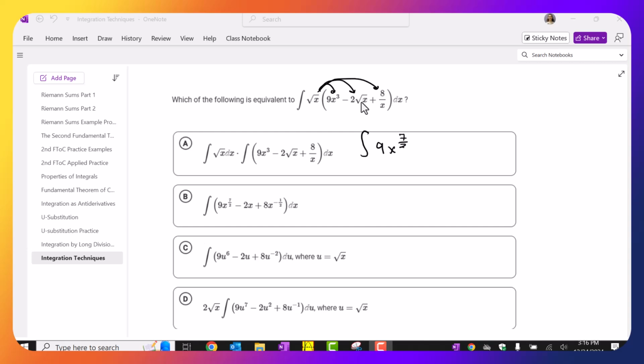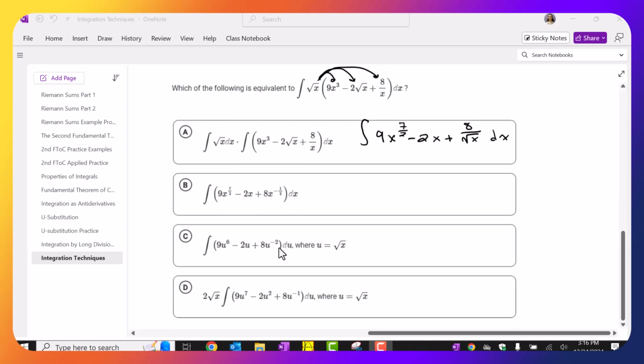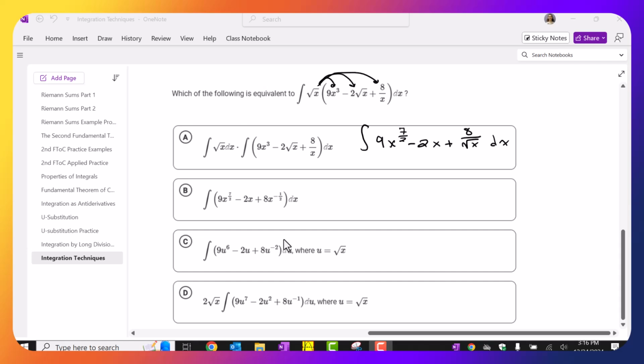Plus, and then we have the square root of x times 8 over root x. That would be plus 8 over root x dx. Does that match anything that we have? No, but it looks pretty close.